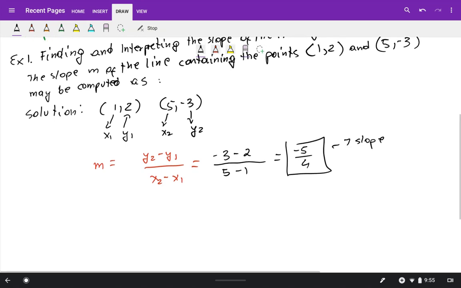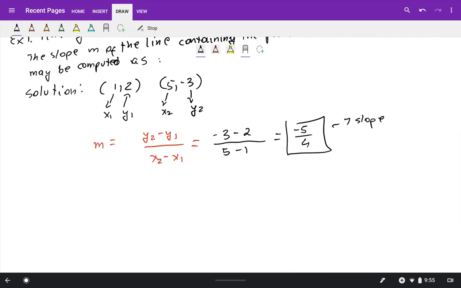So how are you going to interpret the meaning of the slope? Because they may ask you questions like that on the homework.